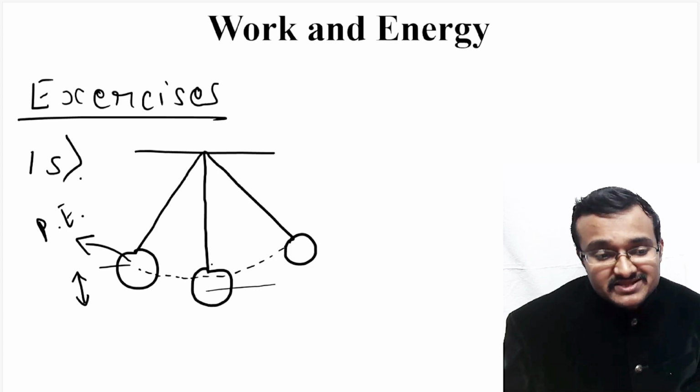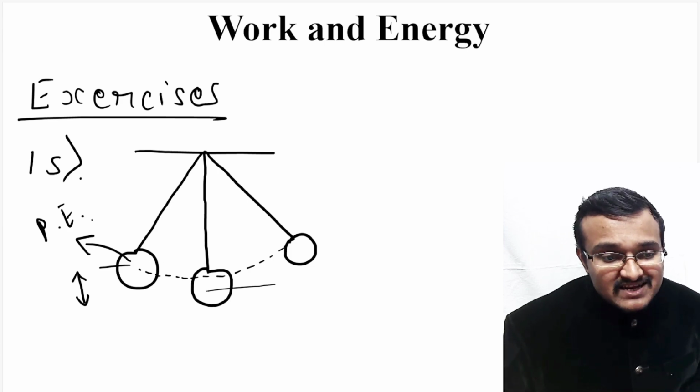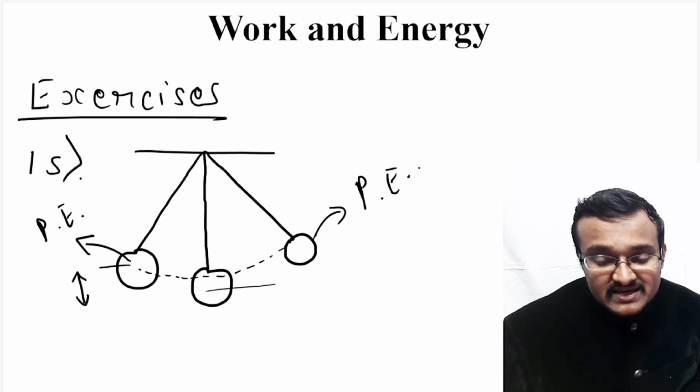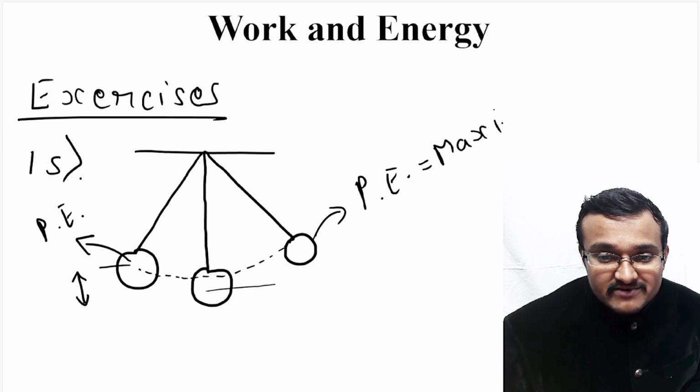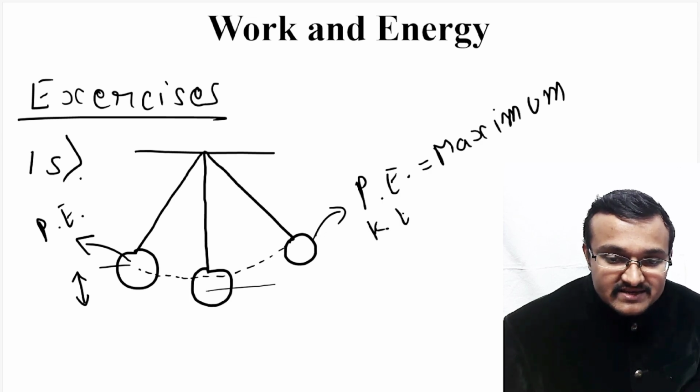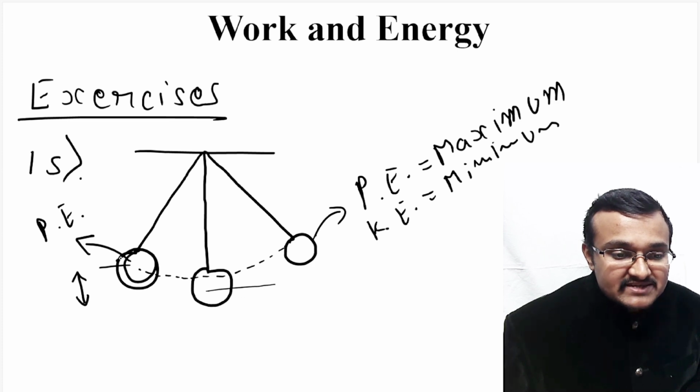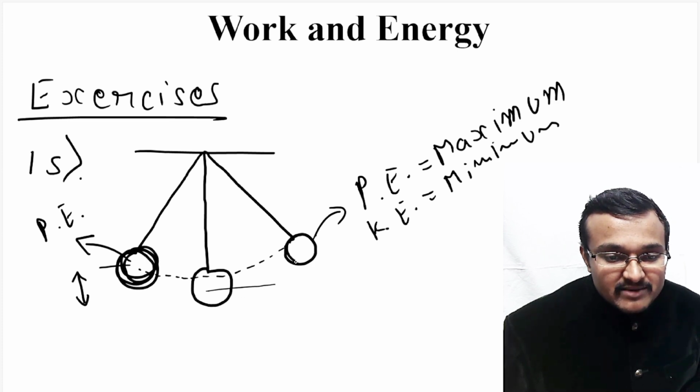In this case, at this particular position, potential energy is maximum. Always remember, potential energy is maximum and kinetic energy is minimum at the extreme ends of the pendulum, at these positions.